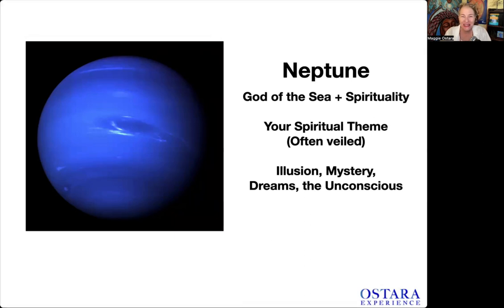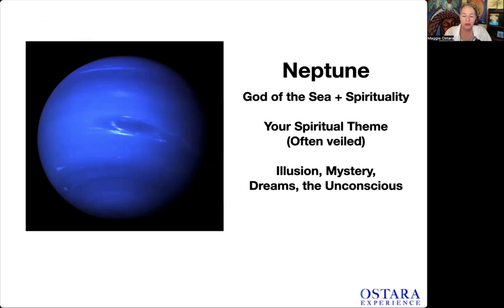Because it's mysterious and because it has this kind of glamour of illusion, it can be veiled. It can be difficult to get a handle on what the spiritual theme is for us, what Neptune is lighting up.